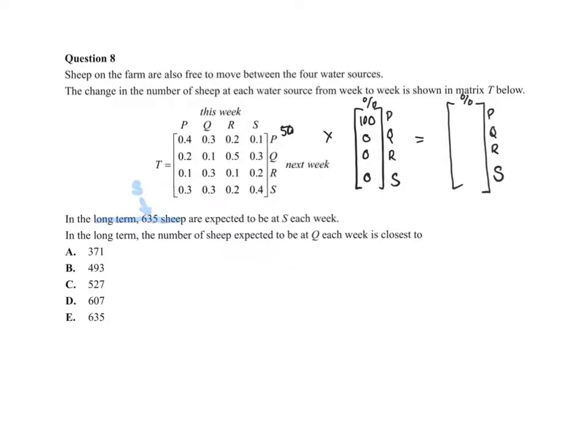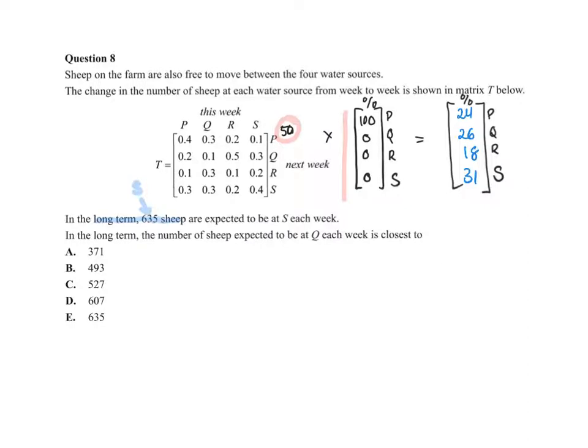Okay, so let's do that on the calc. All right, so we've got the new percentages here. So in the long run, make sure we times to a high power times this guy, and in the long term we found that this was 24%, 26%, 18 and 31%.